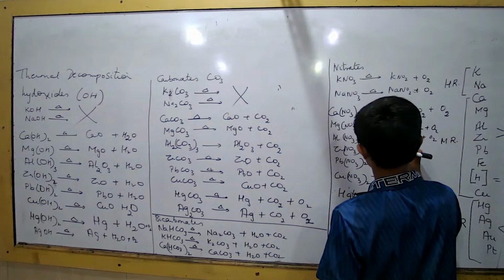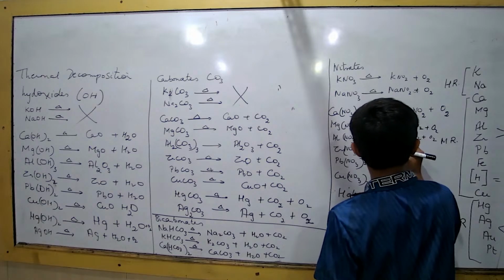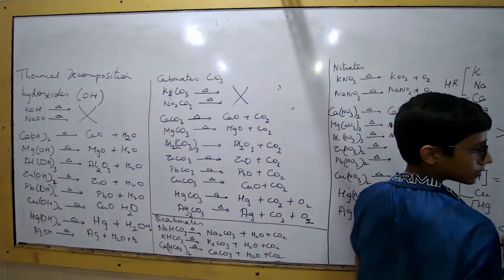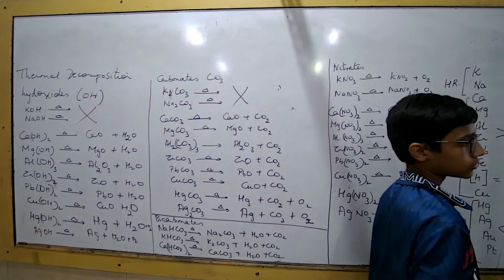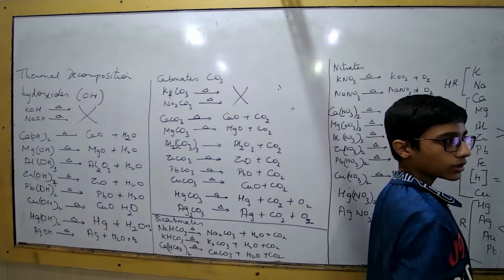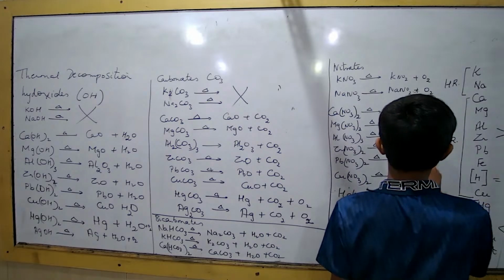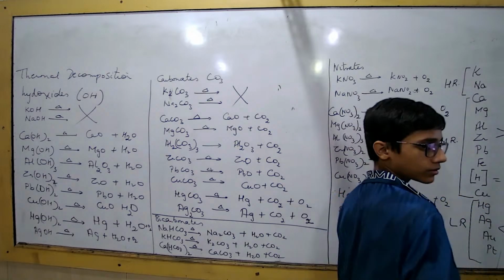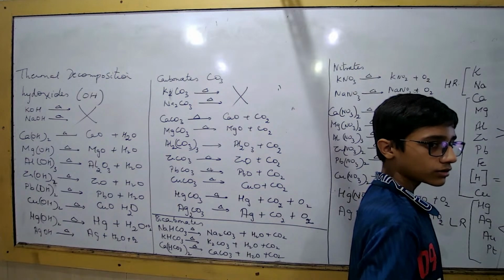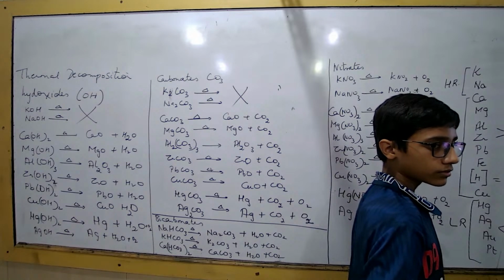What is the valency of oxygen, Andrew? Valency of oxygen is how much? 2. And aluminium? Either 2 or 3. Either 2 or 3 means what? Variable valency. Aluminium? No, aluminium doesn't have variable valency.